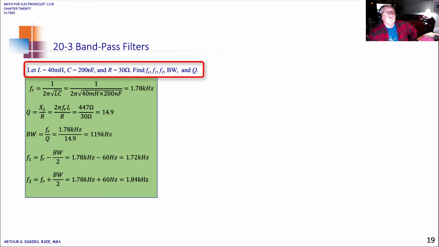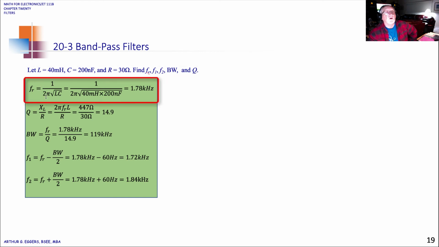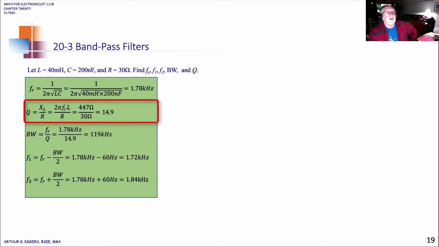So the resonant frequency is equal to 1 over 2 pi times the square root of LC, which gives us 1.78 kilohertz. The Q for the circuit then, X sub L over R, is equal to 2 pi times the resonant frequency times L divided by R, or a Q of 14.9.